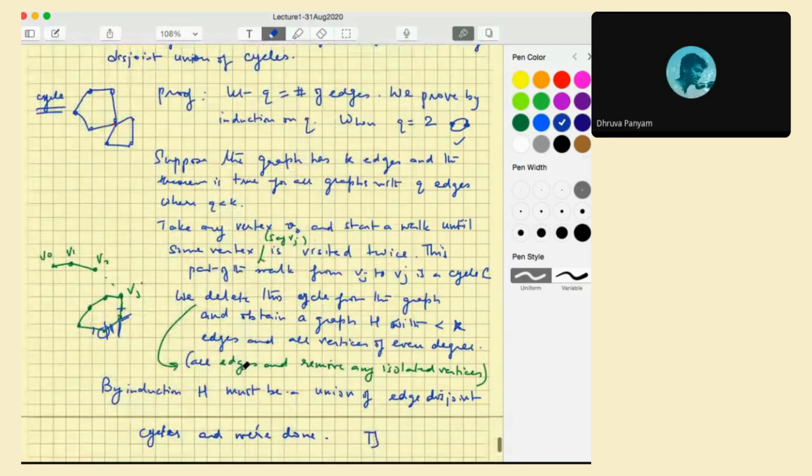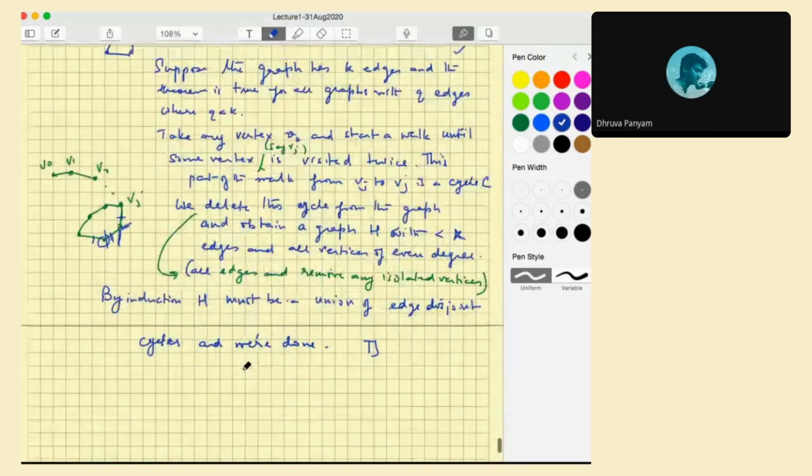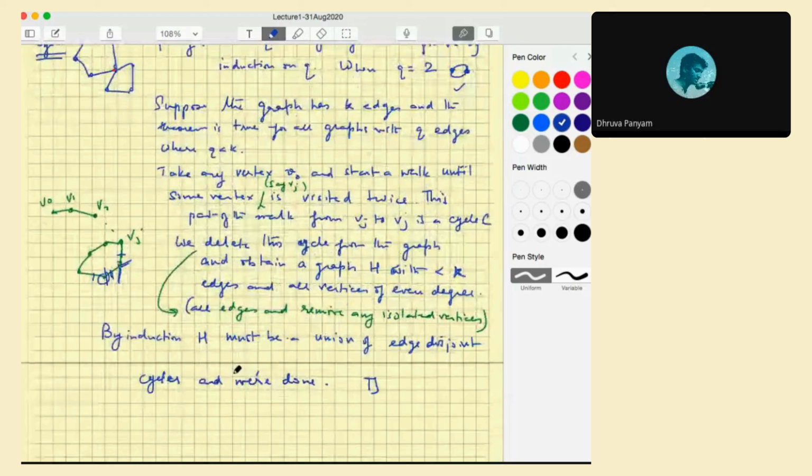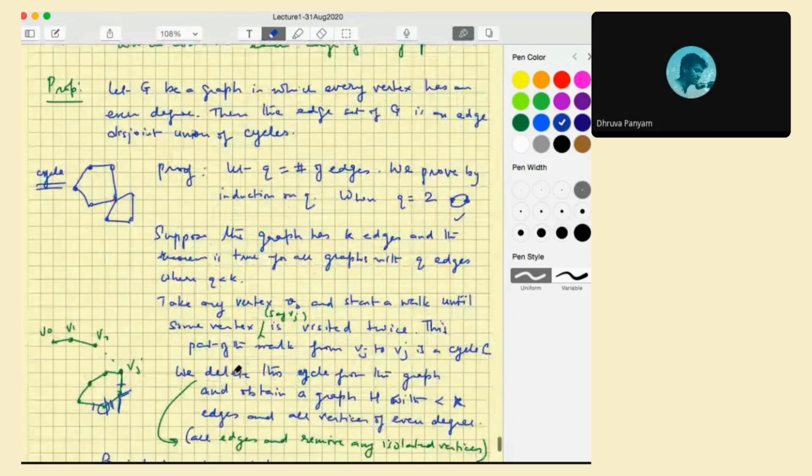So, Professor, we have to say that there is a cycle only because k is finite, right? There'll always be a cycle because every vertex has at least two edges.